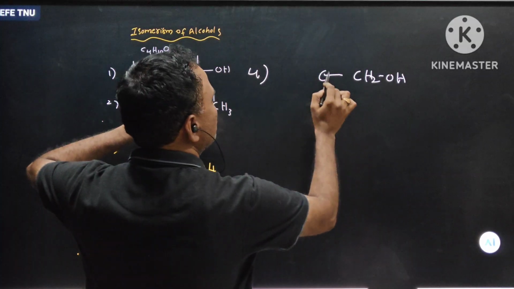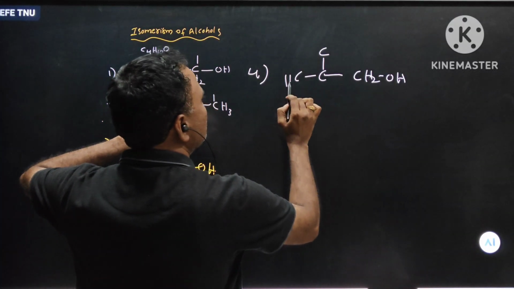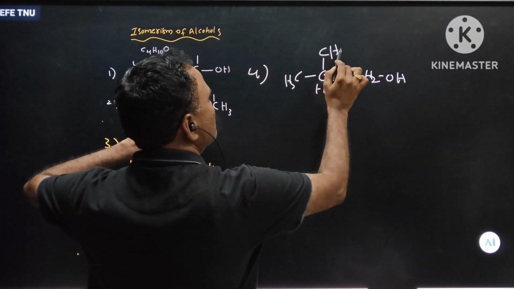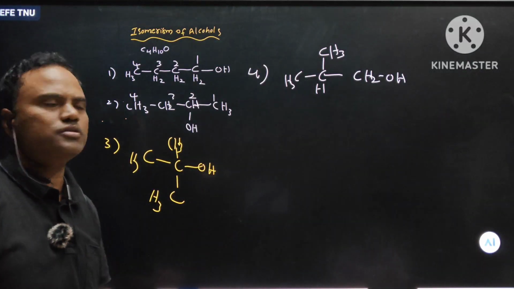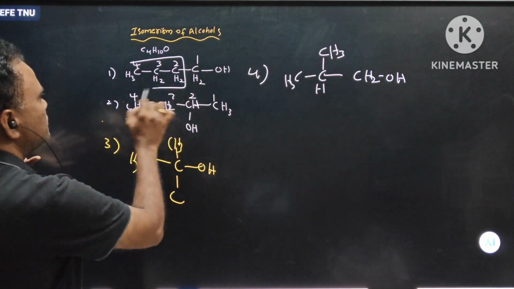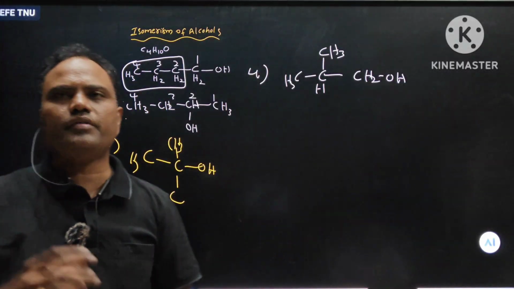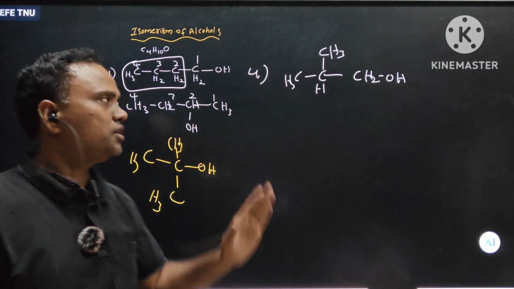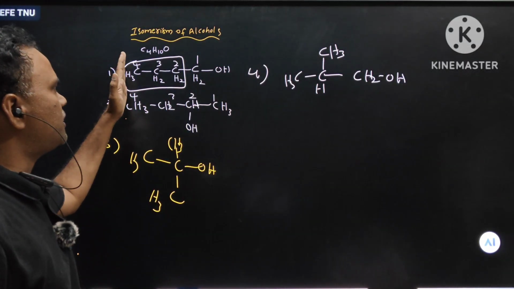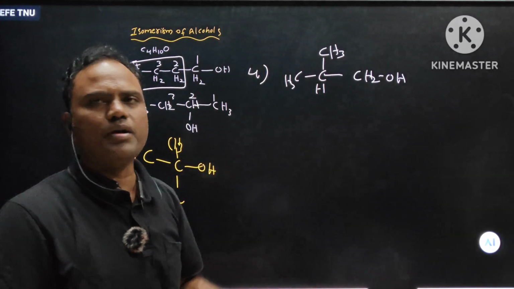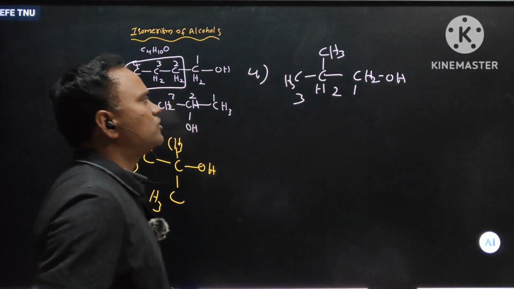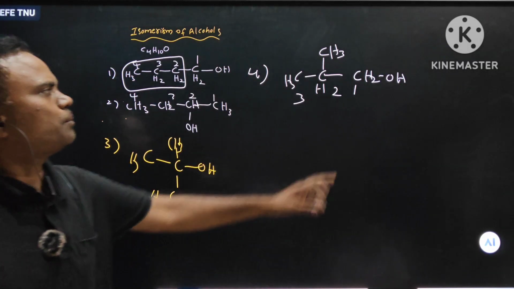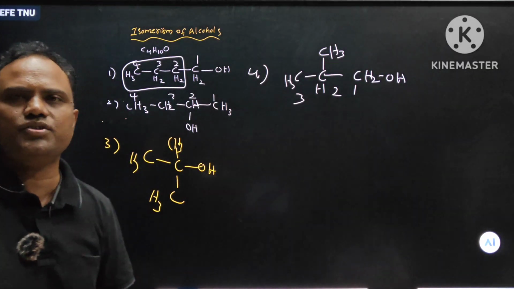This is hit and trial only. Hit and trial means you have to search for all the possibilities. These three carbons were in the straight chain format. Now you are taking some branches. What is its name? 1, 2, 3. 2-methyl propanol. This is one possibility.